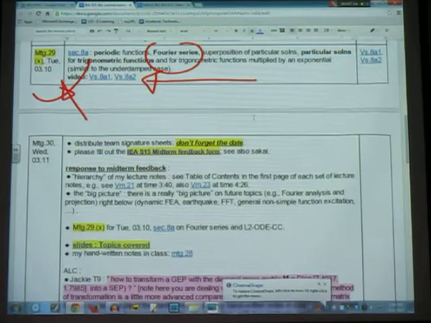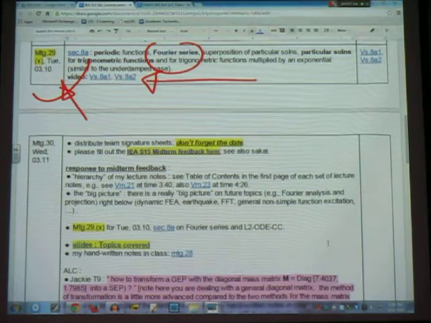That's the new big topic for the second half of the semester, and we'll address that topic soon after the motivation.